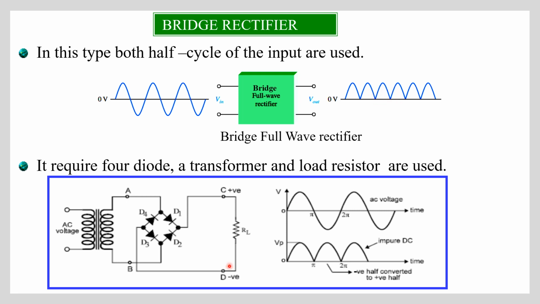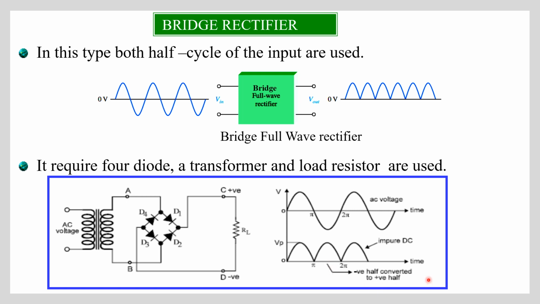In full wave center tap we require two diodes, here we require four diodes, a transformer and a load resistance. So here is the input AC voltage varying with respect to time, and we get the output for both the positive as well as the negative half cycle.